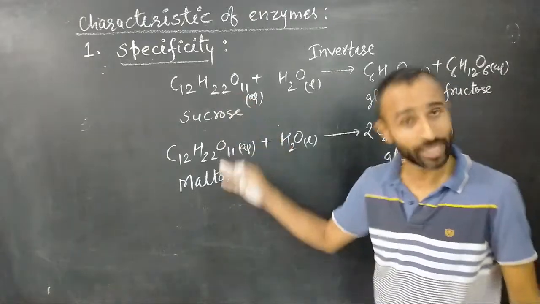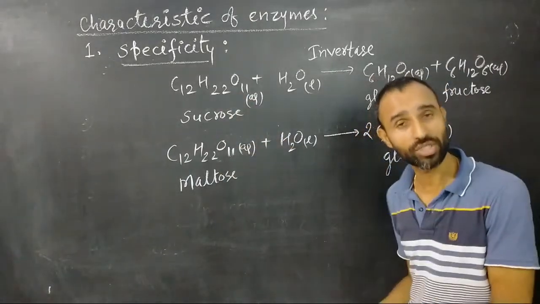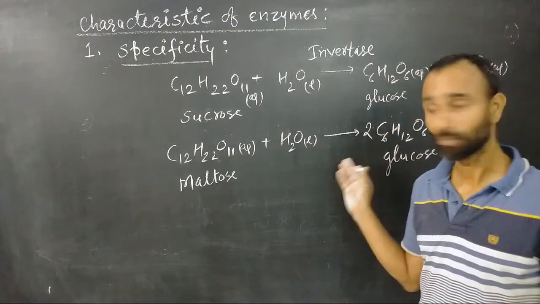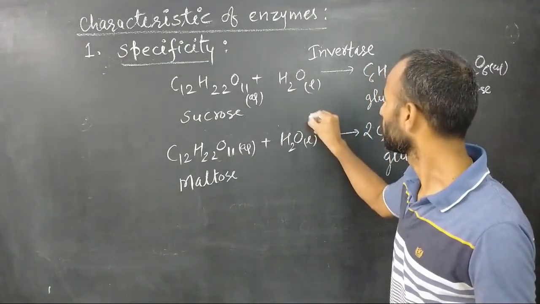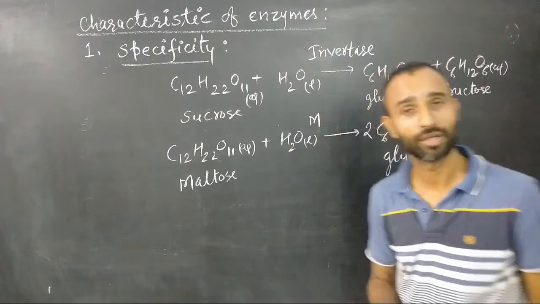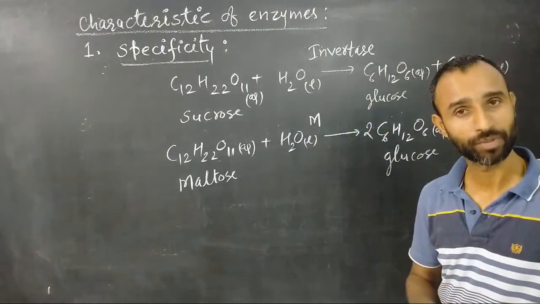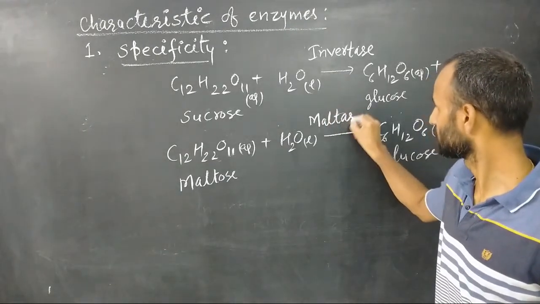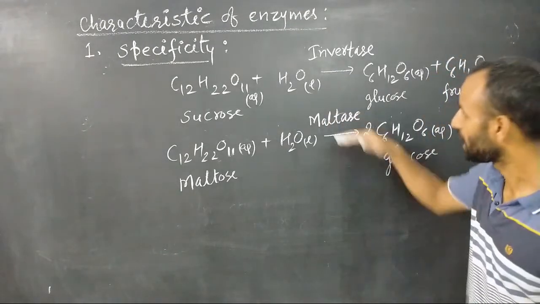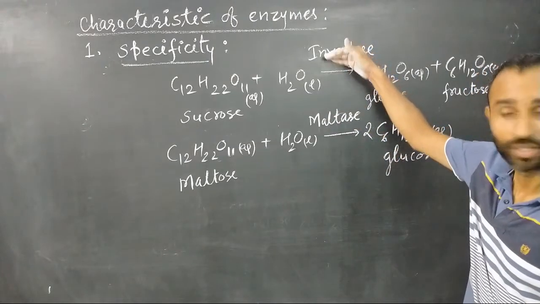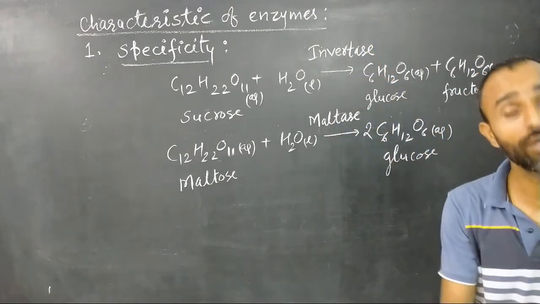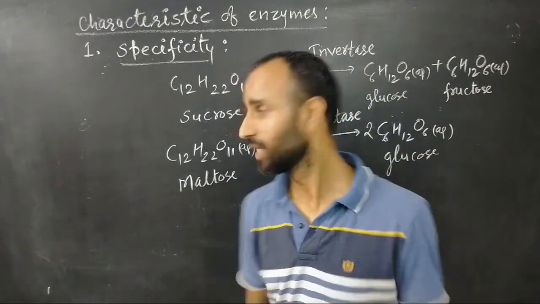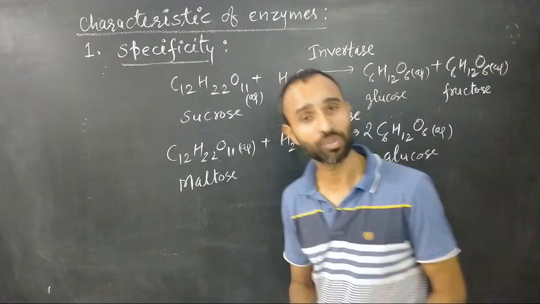Though their formula is same, though reaction is hydrolysis reaction, same type of reaction, invertase cannot catalyze this reaction. So we should use maltase. Vice versa, maltase cannot be used here. So that means they are specific for a particular reaction to catalyze. That's why this is called specificity.